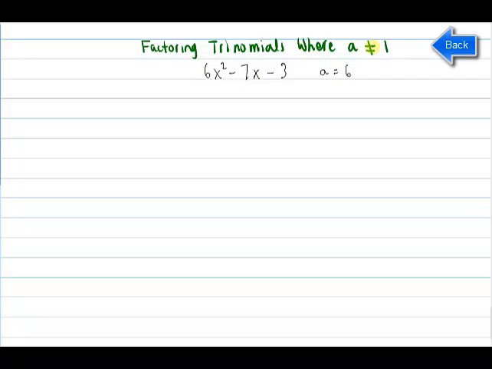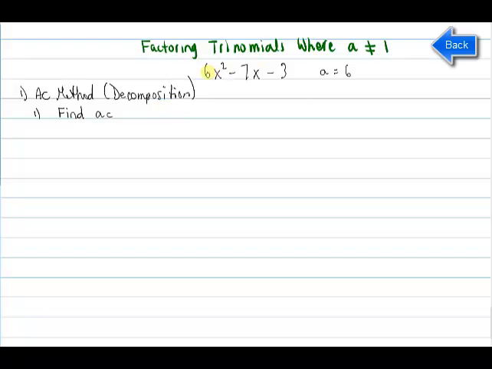So the first method that I want to take a look at with you is just a review from last year. It's called the AC method, and you can also call it decomposition. Okay, and so you should be familiar with this. So step 1, you want to find the product of AC.